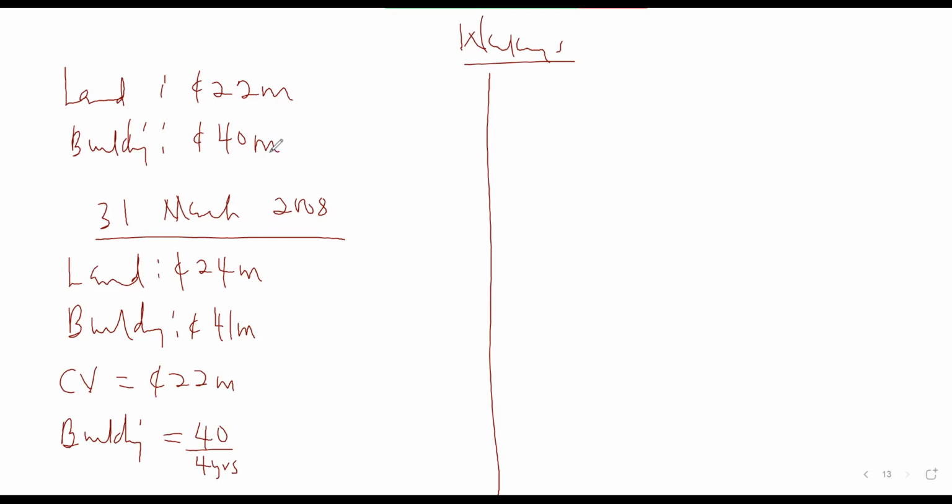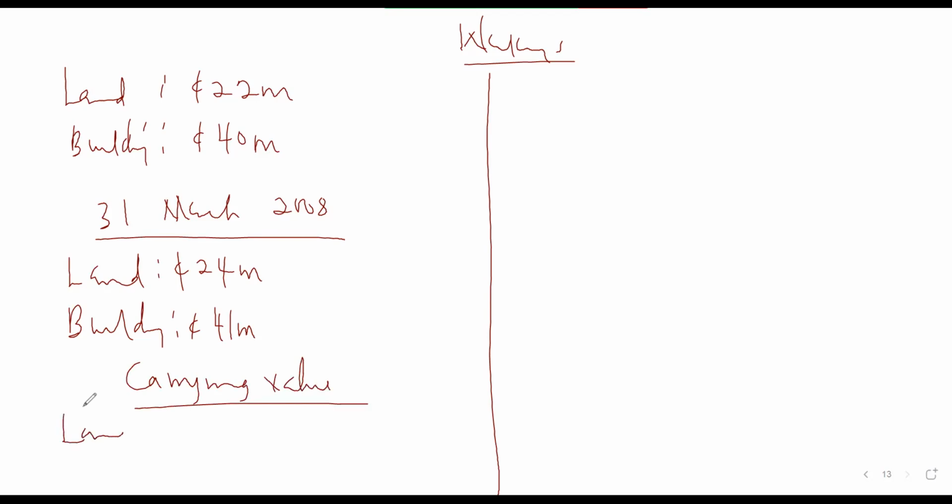Okay, let me show it like this. The carrying value of the building. Let me show this nicely. So let's come to the carrying value. The land will still be the 22 million.